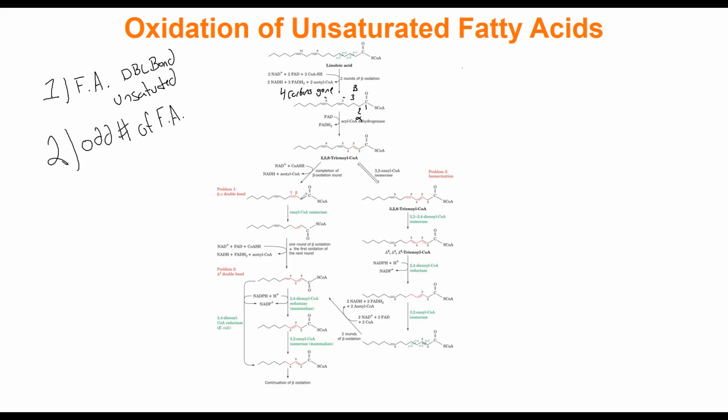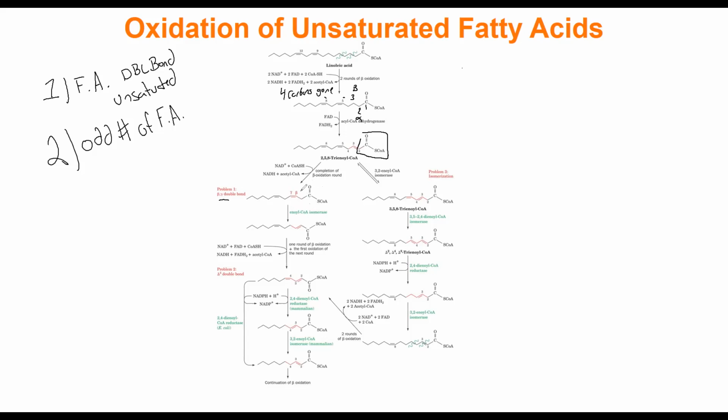So we're going to look at the left-hand path here. So let's say that you do beta oxidation with this double bond here. So you do beta oxidation, you lose 2 more carbons. So you lose these carbons right here, they go away, and you're left with this molecule.